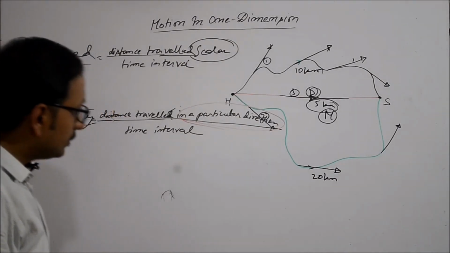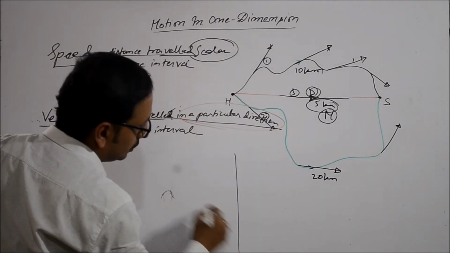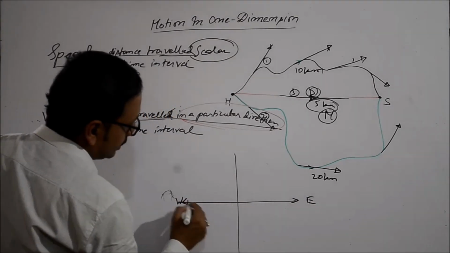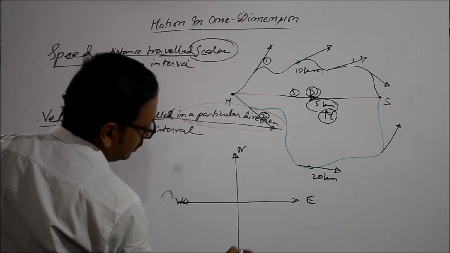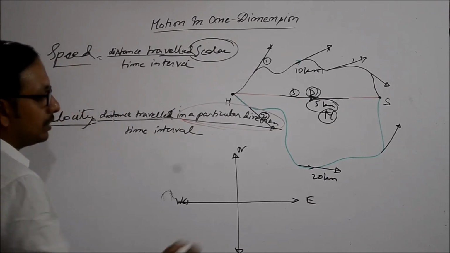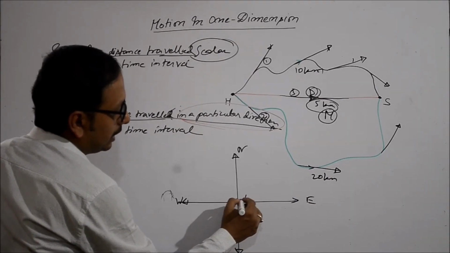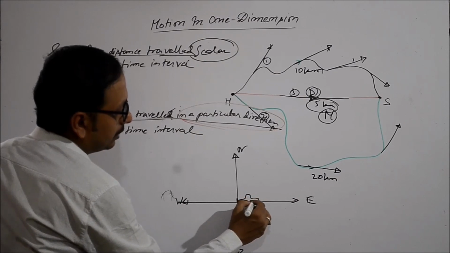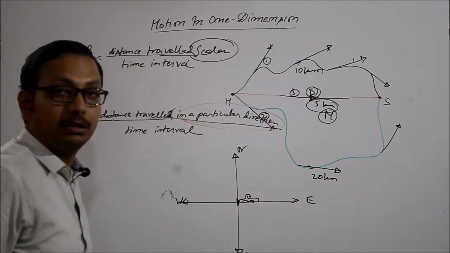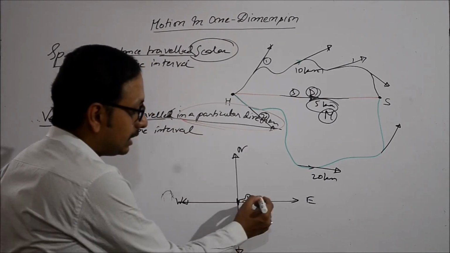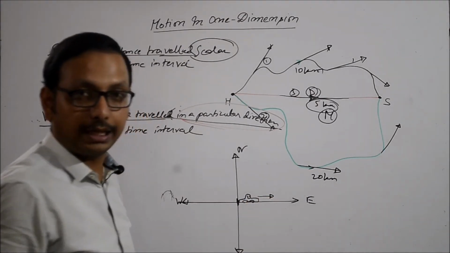Now suppose this is your east, this is your west, this is your north, this is your south. Now if you consider say a car is moving, I am not much good in sketches, so I have drawn only a car over here. This car is moving in east direction.